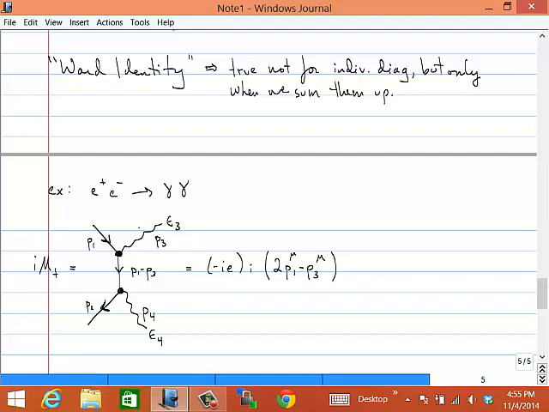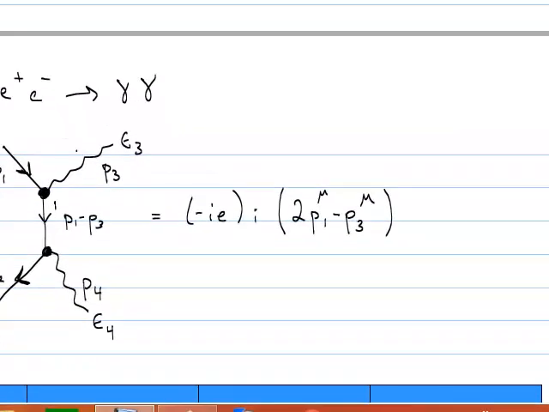So then this top interaction vertex gave you 2 P1 mu minus P3 mu, using the fact that anytime the momentum flows in the direction of particle flow, you had a plus sign for the momentum. So here, I guess I'm taking the momentum to flow down here. Okay. So usually our notation is that momentum flows from left to right. For something that I draw completely vertical, that is ambiguous. So, you know, I need to be a little careful. But it flows down here because it's P1 minus P3.